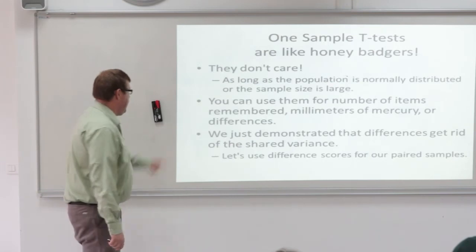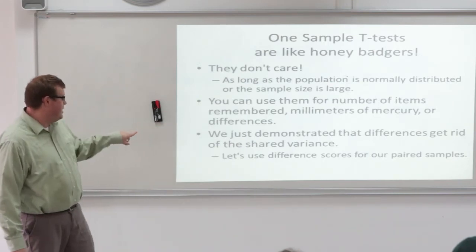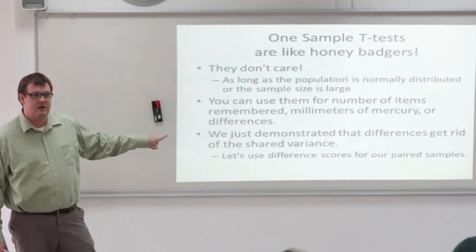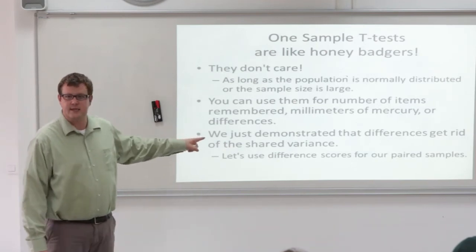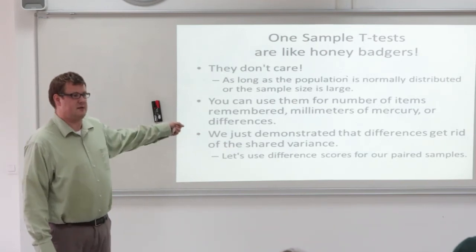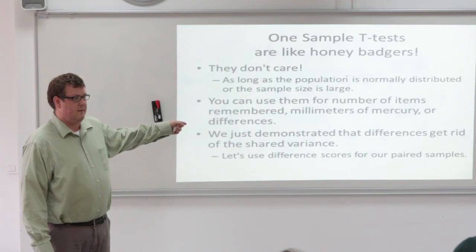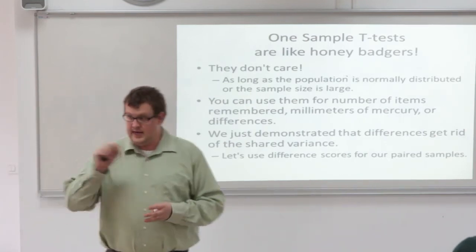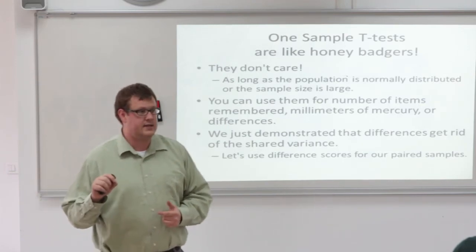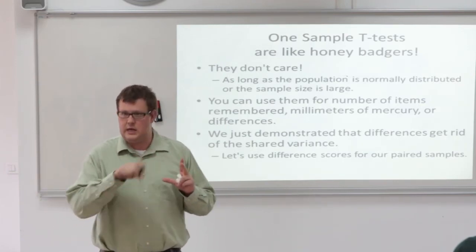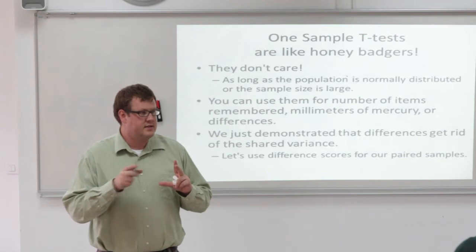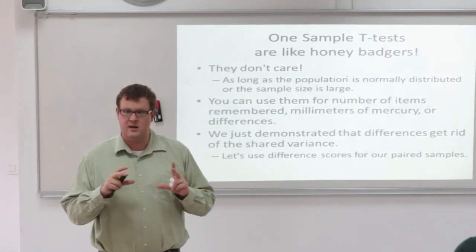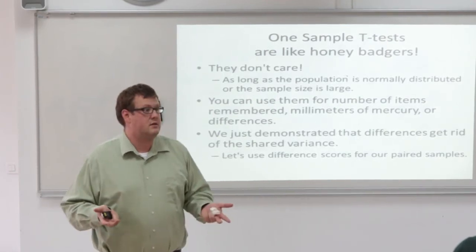Now, we just demonstrated that differences get rid of the shared variance. So we could do a t-test on the differences, which should decrease the variance. Now, the t-test, remember the one sample t-test, we have the standard error of the mean in the bottom, right? The standard error of the mean is dependent on the variance.